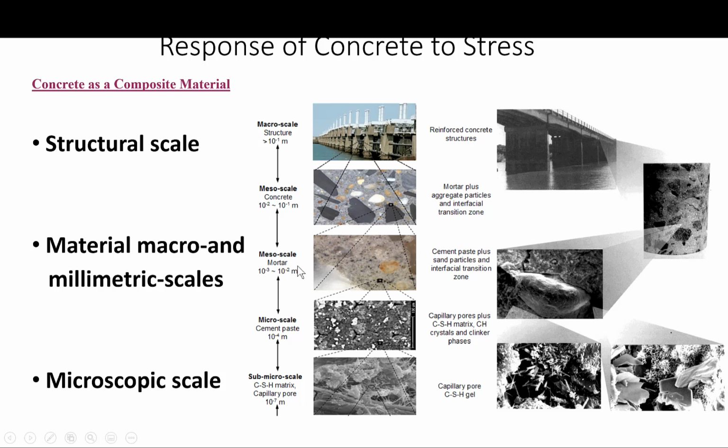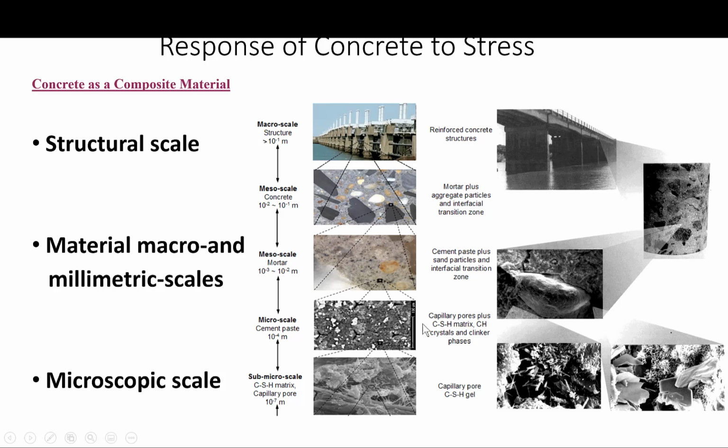We have a finer scale than that, which is the mesoscale for the mortar, 10 to the minus 3 to 10 to the minus 2 meters. Basically cement paste plus sand particles and the interfacial transition zone between them. At the micro scale, we will see the cement paste, on the order of 10 to the minus 4 of a meter.